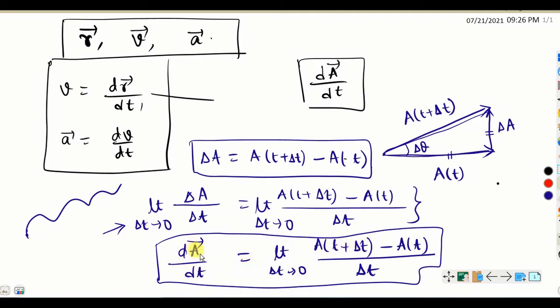So this evolution of any vector follows the same definition of the derivative. There is no change, and that is why we can easily write that v is equal to dr over dt and acceleration is dv over dt. So there is not too much problem.